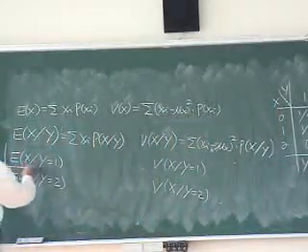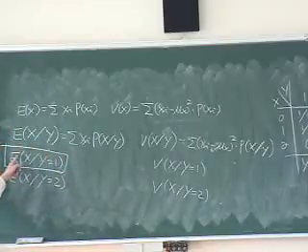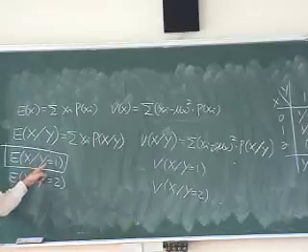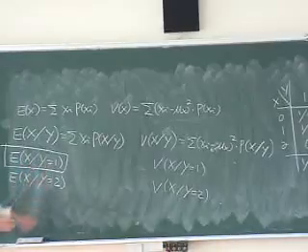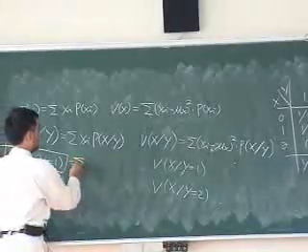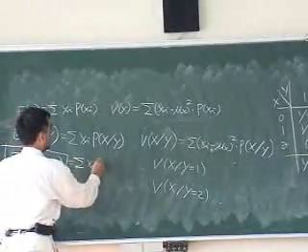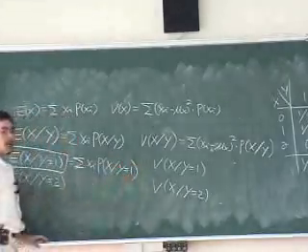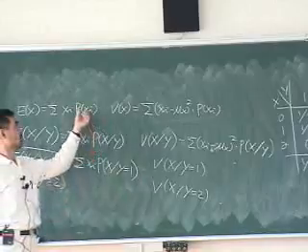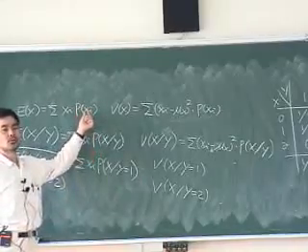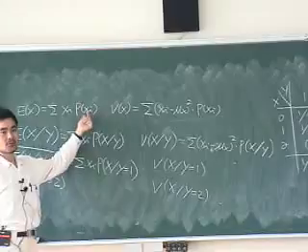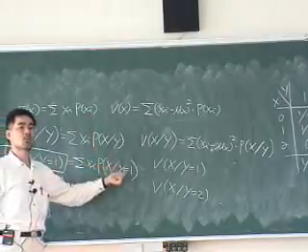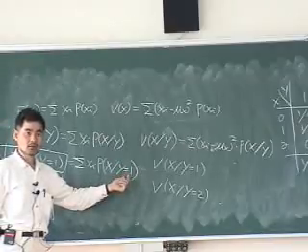When you want to calculate the expectation of x given y equals 1, then what you need to do is the summation of xi times P(x given y equals 1). In this case, you use P(x). Here you have to use P(x given y equal to 1).